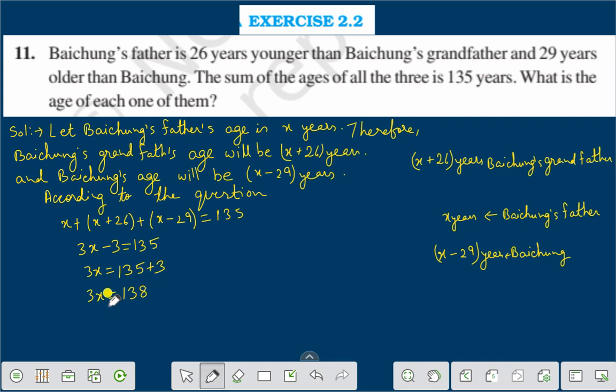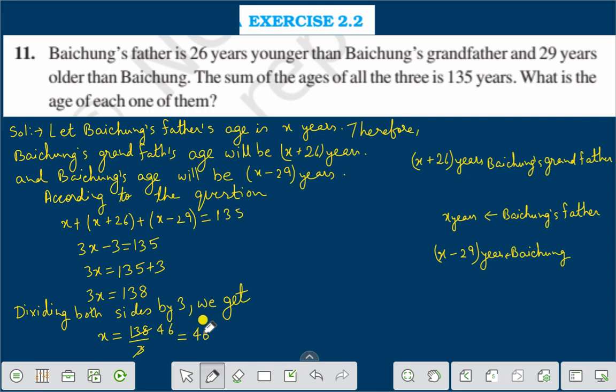If you divide both the numbers by 3, dividing both sides by 3, we get 3X by 3 is X, and 138 by 3 is 46.